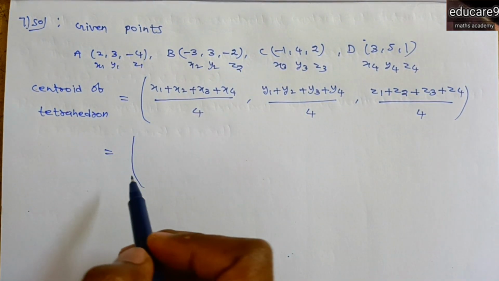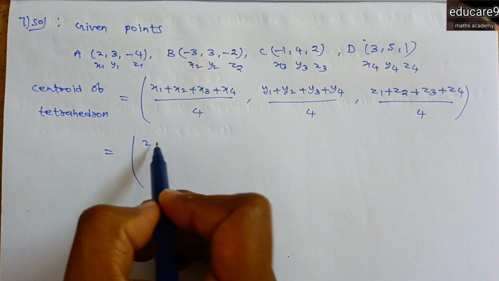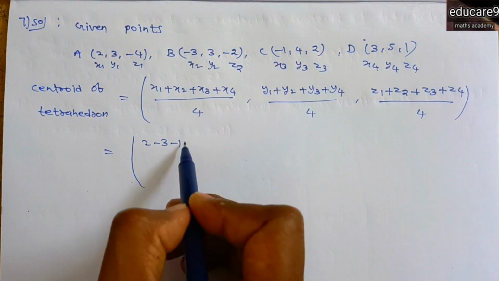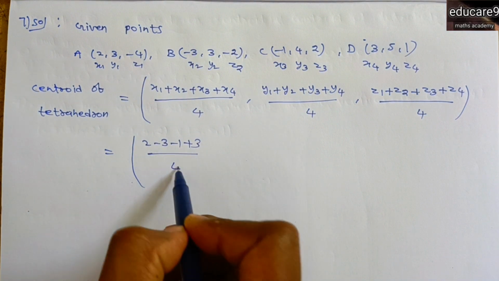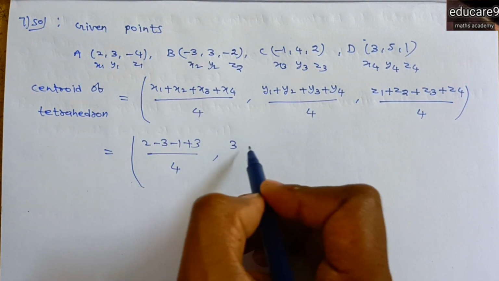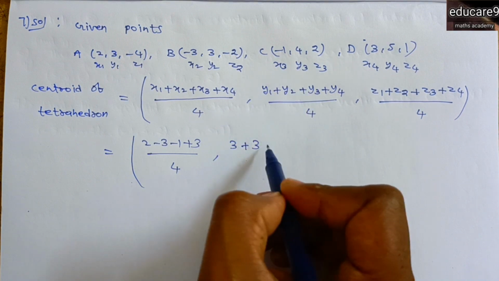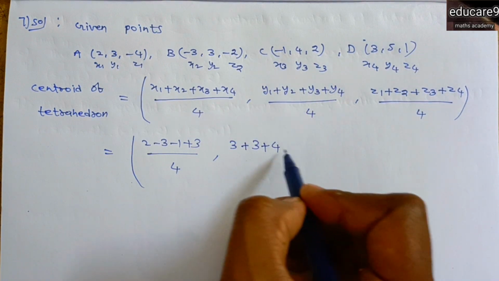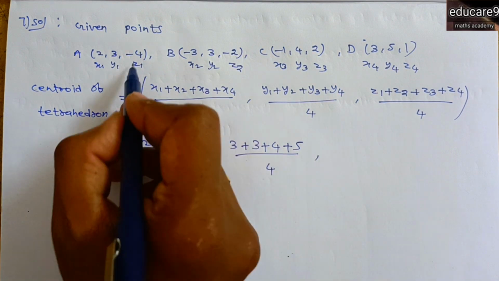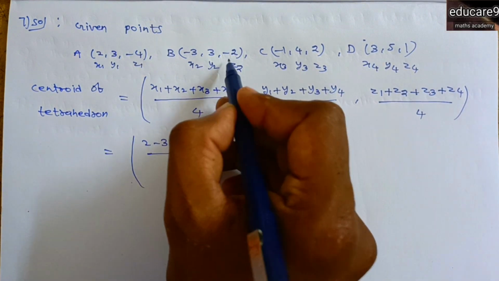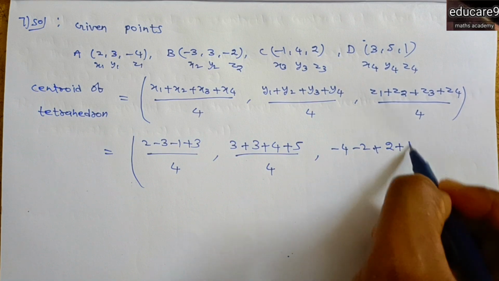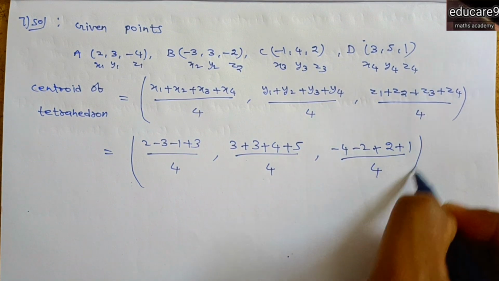So add the first coordinates: 2 minus 3 minus 1 plus 3, divided by 4. Second coordinates: 3 plus 3 plus 4 plus 5, divided by 4. Third coordinates: minus 4 minus 2 plus 2 plus 1, divided by 4.